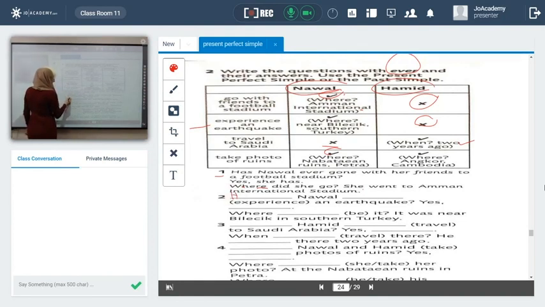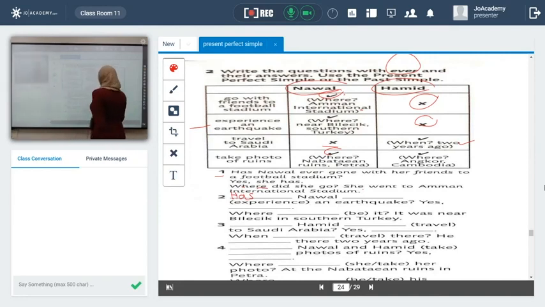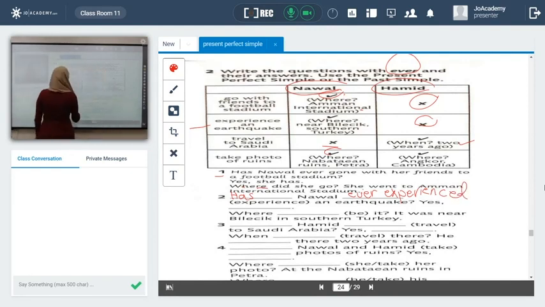Very good. We say has Nawal. Now, remember in questions, we're going to use ever. So has Nawal ever experienced an earthquake? Yes, she has.